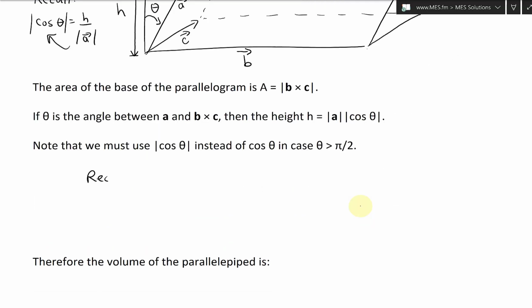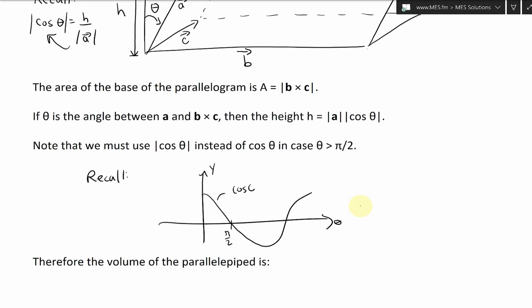I've done this many times before in other videos. So it goes like this and that. This is pi over 2, this is theta, this is y, this is our cosine theta, which is positive, then becomes negative past pi over 2 there.